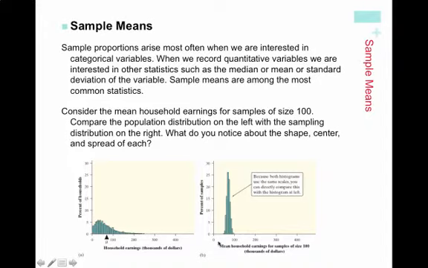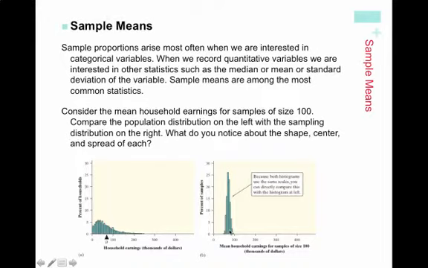samples of size 100. So notice that the mean is still roughly in the same position. Here's our population mean. The mean of these samples looks to be about right here. The center, so that's our center. The shape, the population looks to be skewed right.